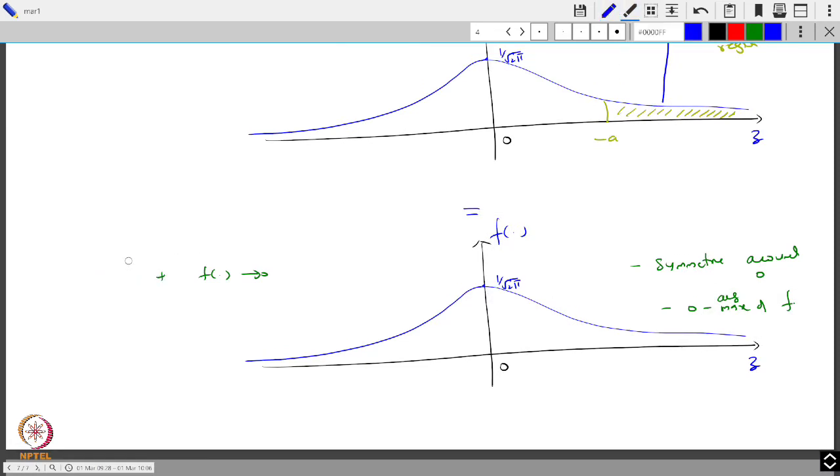So I'm deliberately not doing this by integration because I want you to understand the geometry of it all.